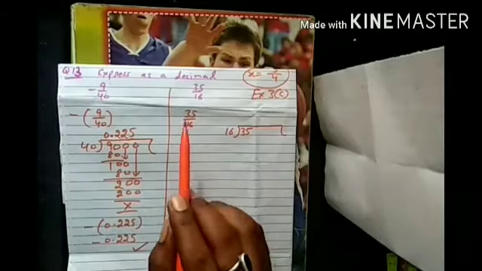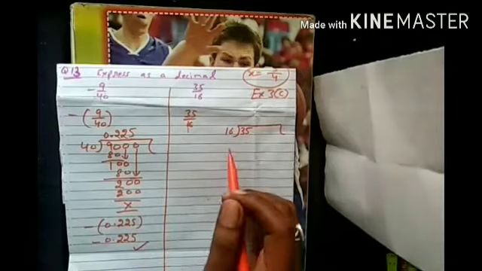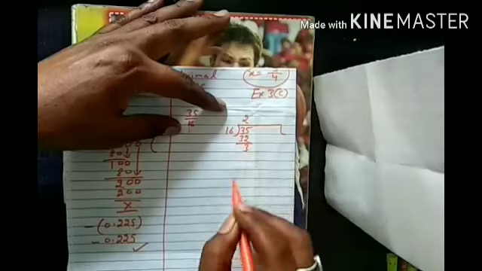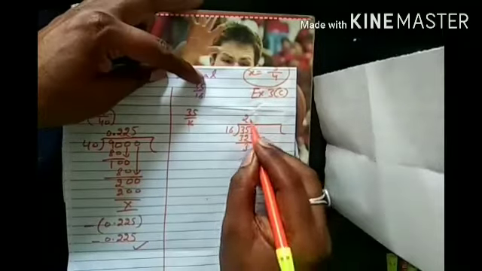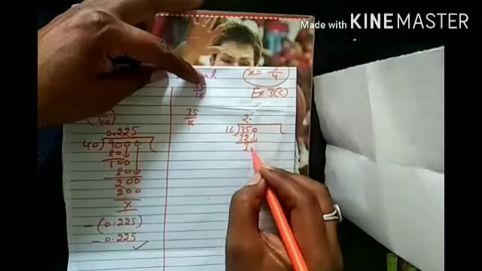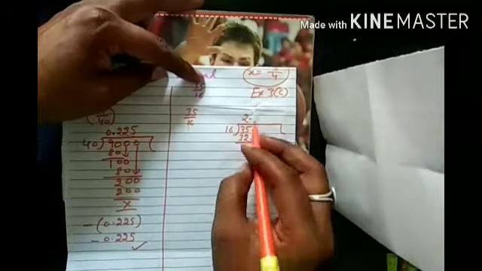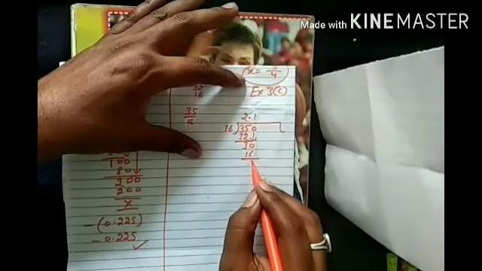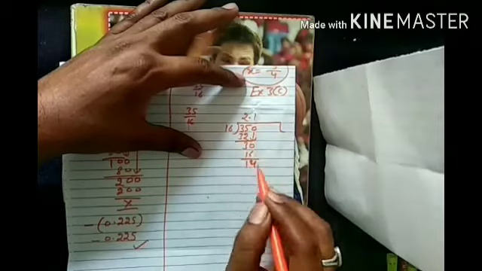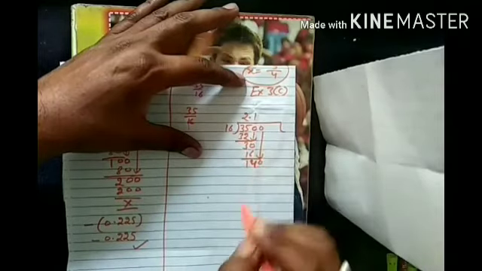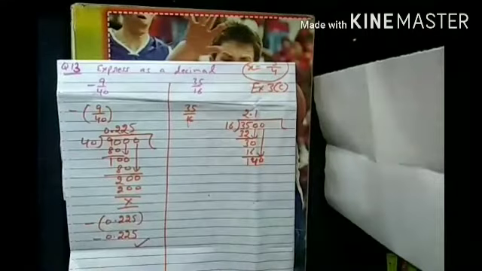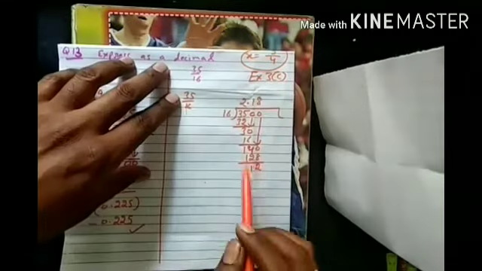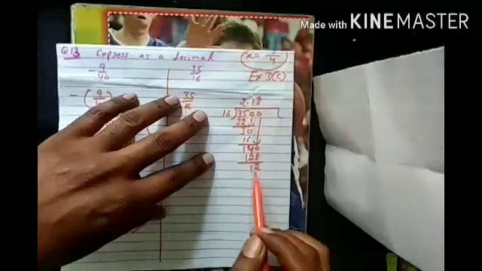In this question we have to divide 35 by 16. So count the table of 16 up to 2, 32. Now there is 3 and 3 is less, therefore I will add a 0 here. So I will write the decimal and draw 0 here, and 16 ones are 16, and after subtraction 4. Now from the table of 16, 16 eights are 128 and on subtraction we get 12.